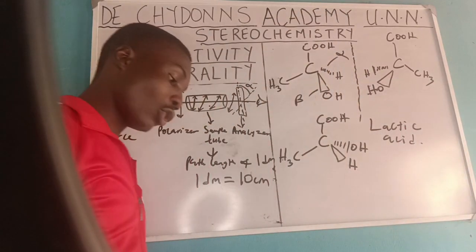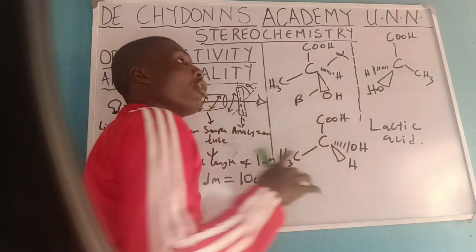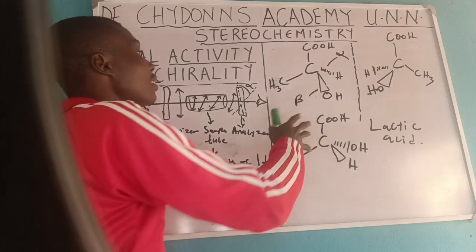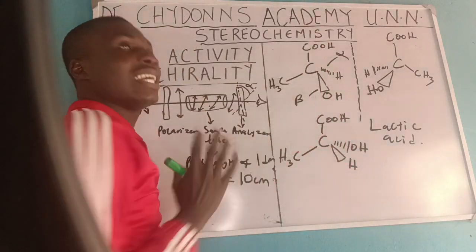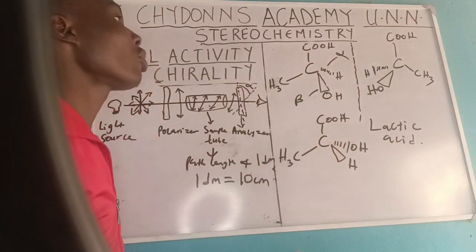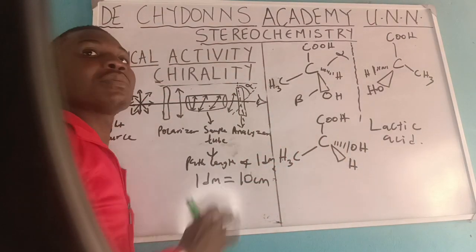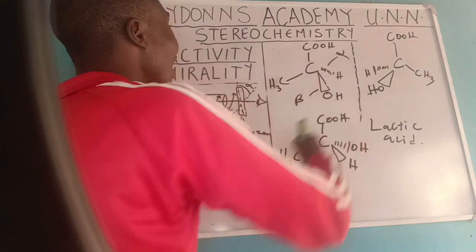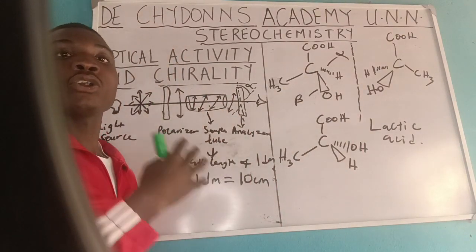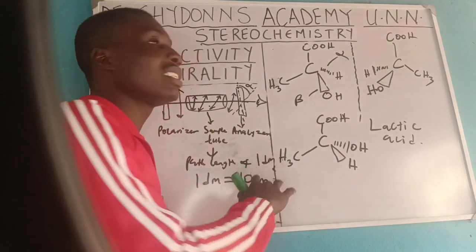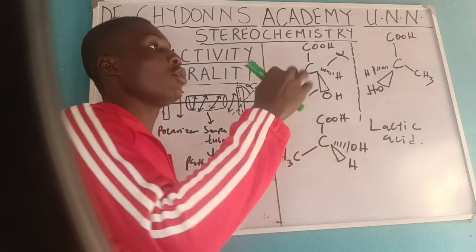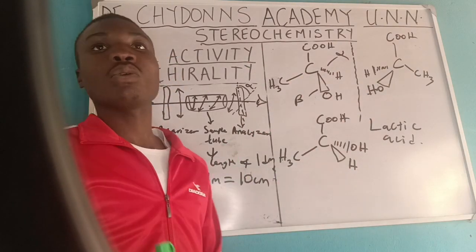We can say for sure now that the mirror image of lactic acid is not superimposable on the original molecule, and that is the basis for optical activity. So this kind of molecule will definitely lead to rotation of light, and the degree to which it rotates light is a unique characteristic for each of those particular compounds.